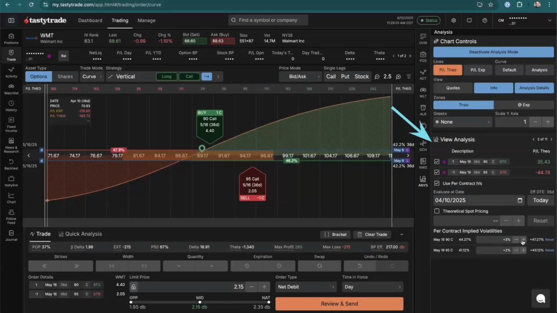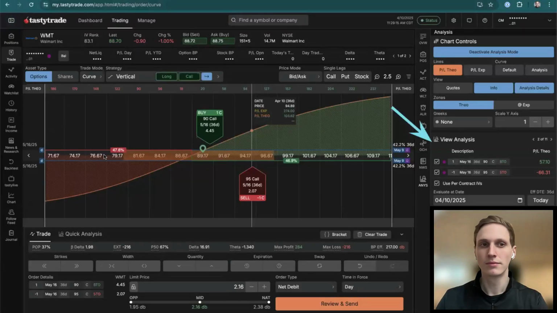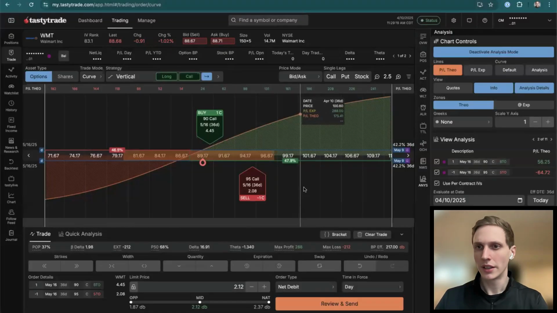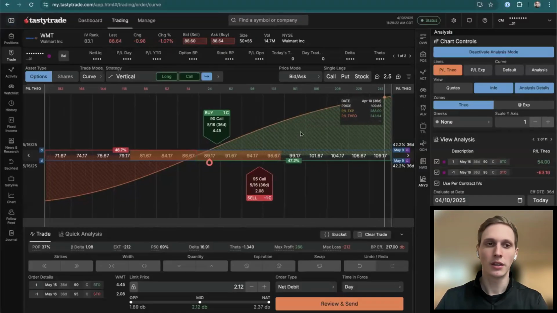So we can say, if the volatility on my 90 call goes up 5%, but maybe volatility on the 95 is only 4%, how does that interact with my theoretical profit or loss? Awesome. So that's how we can look at some of the theoreticals.